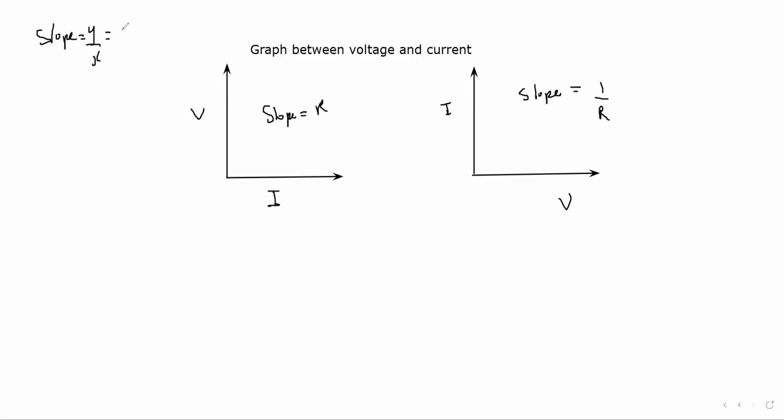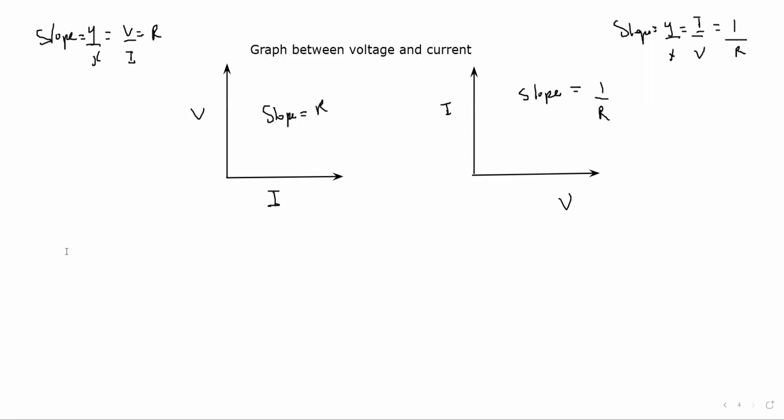So on the y-axis we have voltage, on the x-axis we have current. So voltage divided by current gives resistance. But here, when we find the slope, it is the quantity on the y-axis divided by the x-axis. So on the y-axis we have current and on the x-axis we have voltage. That's why I over V is equal to 1 over R.